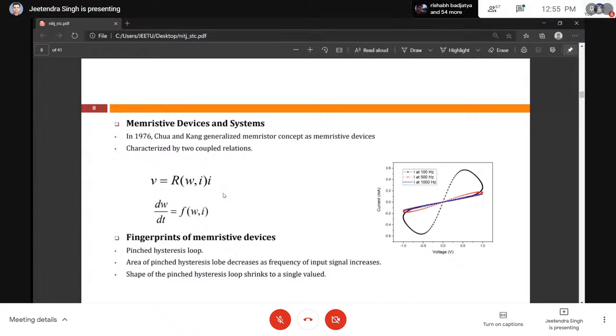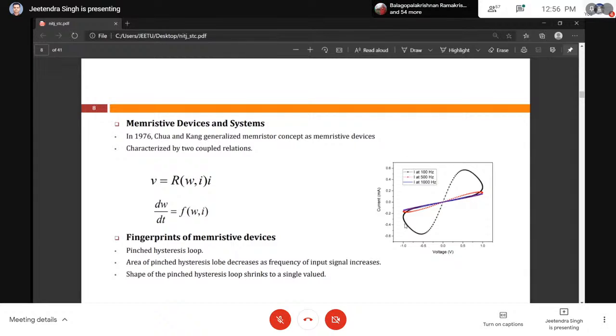Apart from this, he also suggested the fingerprint of such a device. If we apply a periodic signal, not a DC signal, and plot the current-voltage characteristic, it always forms a pinched hysteresis loop, which crosses at the 0 value.